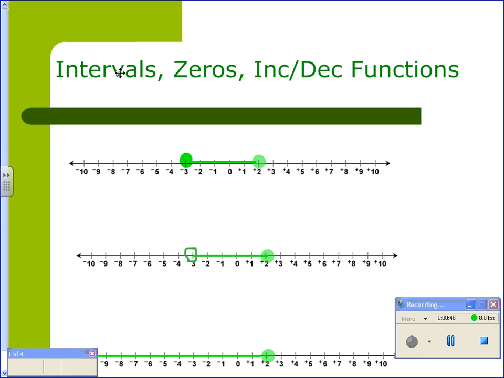All right, so for this one, if you look here, does it include -3 or not? It does. So when we notate it using interval notation, it's going to be a bracket. And it's going to go from -3 to what number? 2. Is 2 included? So it is also going to be a bracket.